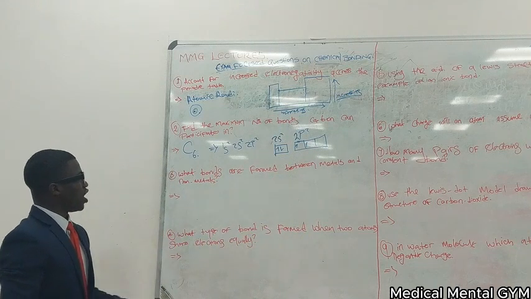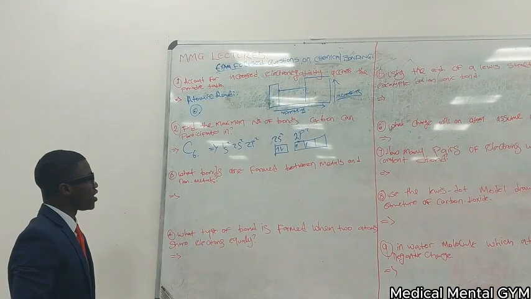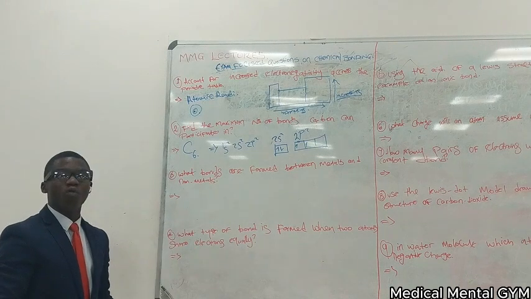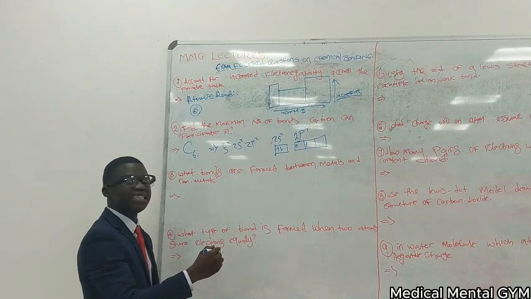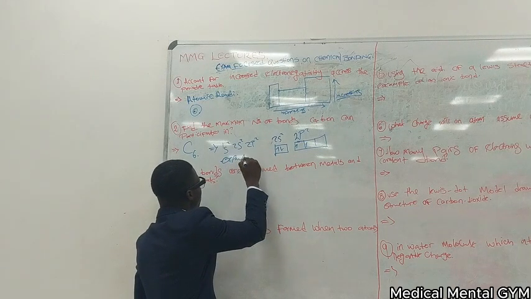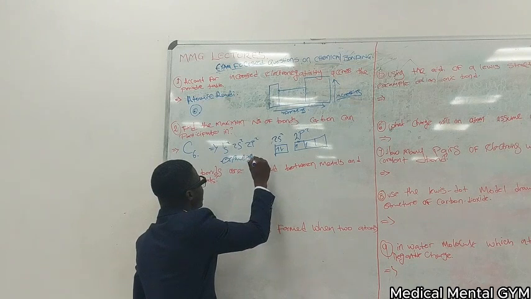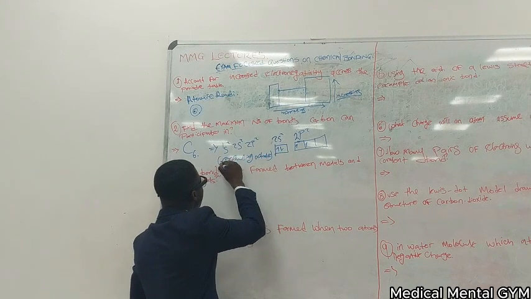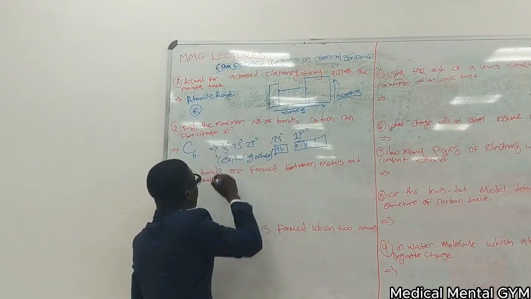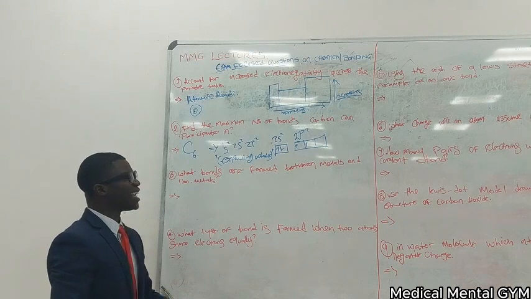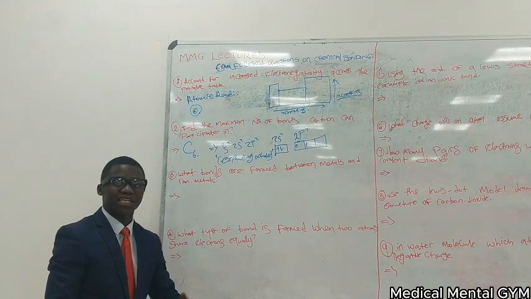So this is the outermost shell configuration of carbon, and carbon has a tendency of what we are calling expanding its octet. So carbon can expand its octet. What we mean by this term is that carbon can undergo what we're calling sp hybridization.